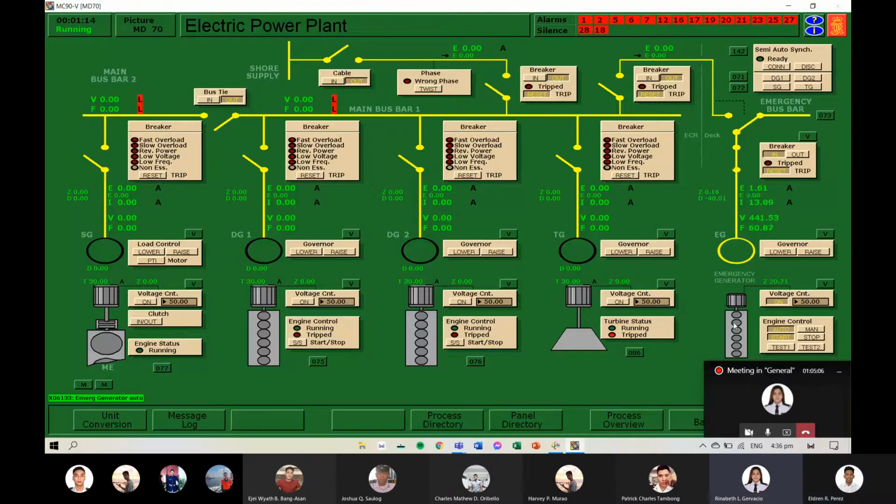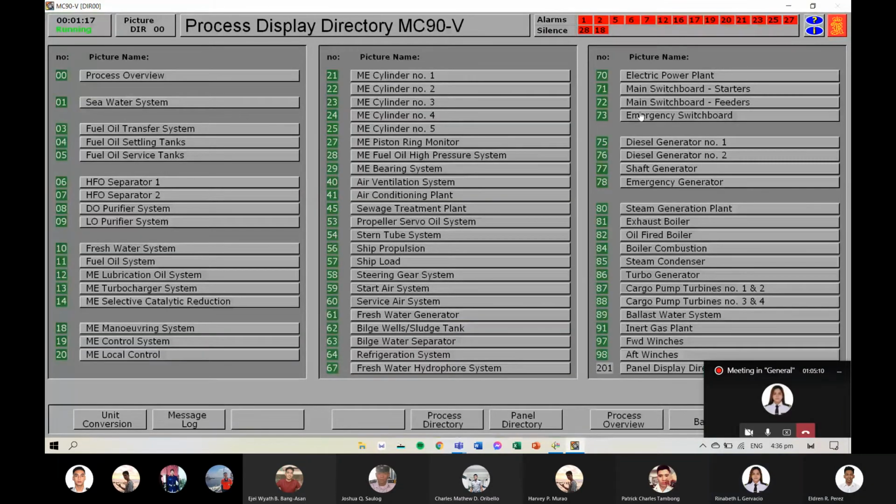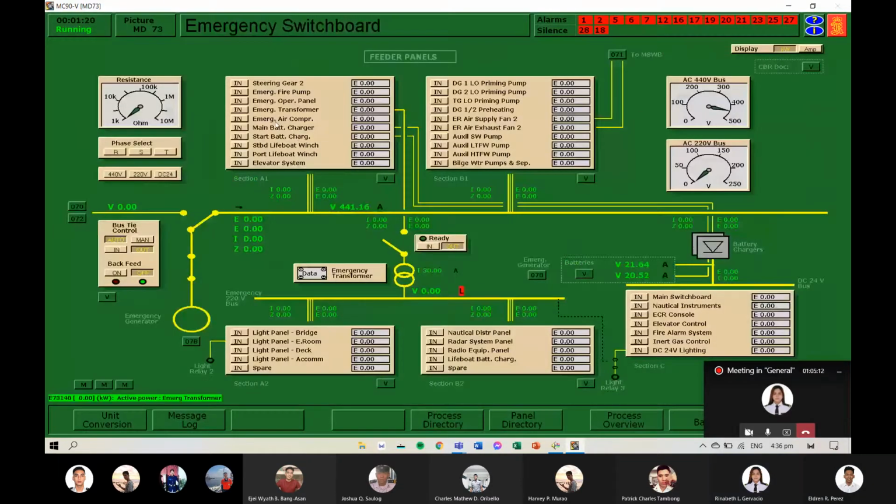Chief Engineer Perez, sir. Go to Directory 73, emergency switchboard. Next, put all the breakers in on feeder panels, including the emergency transformer inlet breaker, except spare.